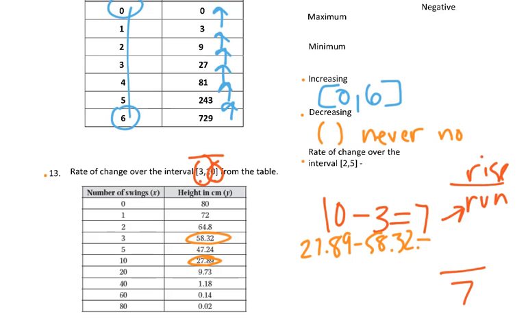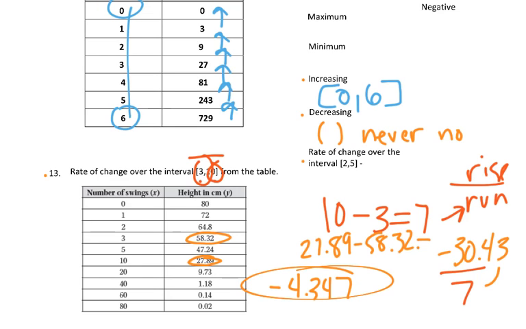So I would go 27.89 minus 58.32. You've got a calculator, and you get -30.43. Anytime we have decimals, just take the decimal and divide it, and let's get the overall decimal. So I'd get -4.34714, and we could round it off at maybe the nearest hundredth. So -4.347. There's our rate of change.